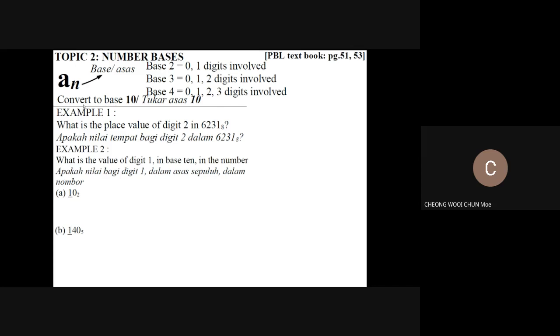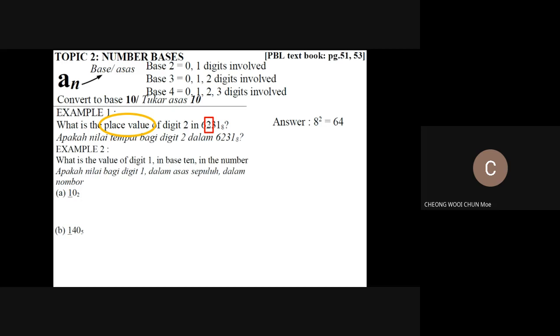So we start off with converting to base 10, from any base. So example 1, what is the place value? If you say place value, look at the place of digit 2. So we look at digit 2 in 6231, base 8.